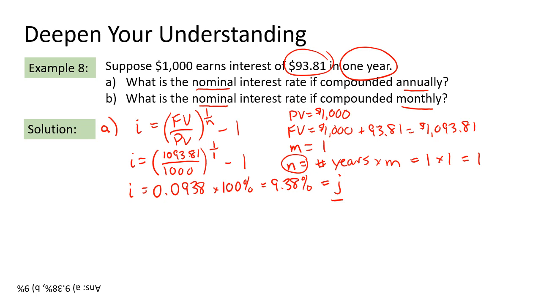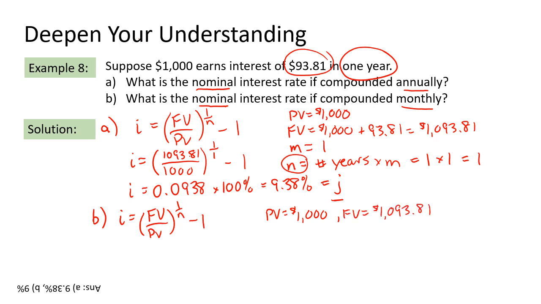Contrasting that, on part B, I'm going to start with the same formula. The future value over the present value to the 1 over n, minus 1. The values here are still the same for present value and future value. Present value is $1,000. Future value is $1,093.81.